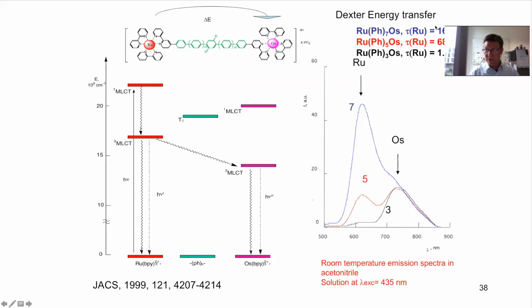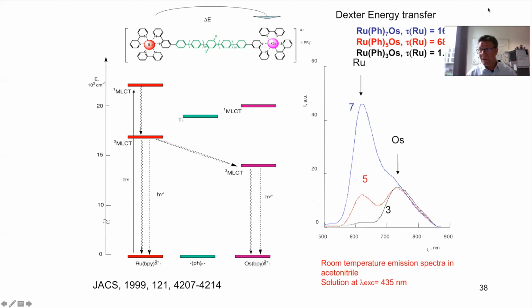And that influences the lifetime of the ruthenium emission. If we start with 3 phenyls in between, then basically all the emission comes from the osmium. So that implies that the transfer process is quite efficient. With 5 phenyls in between, you still see some of the ruthenium emission. So it has become less efficient. The energy transfer process has become slower.